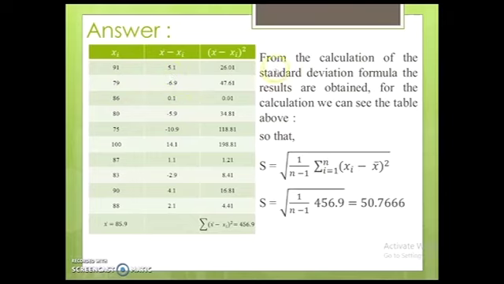From the calculation using the standard deviation formula, the results are shown in the table above.